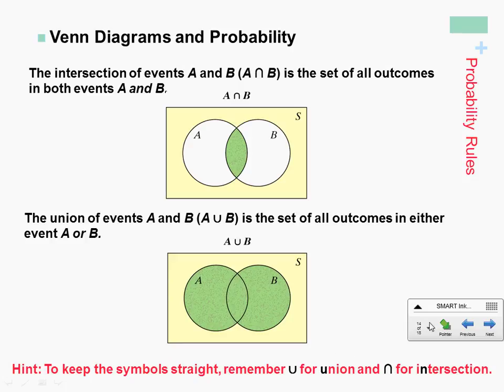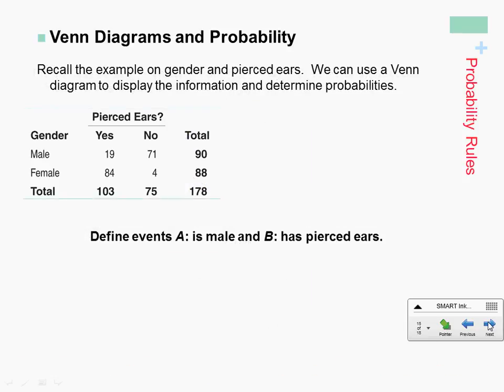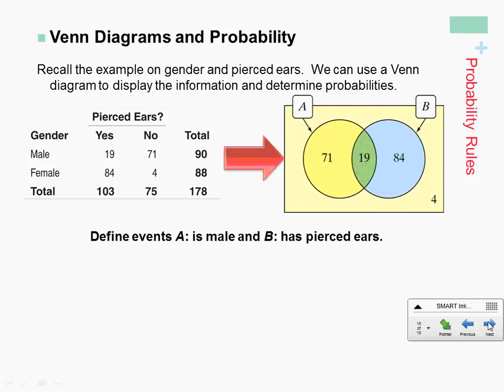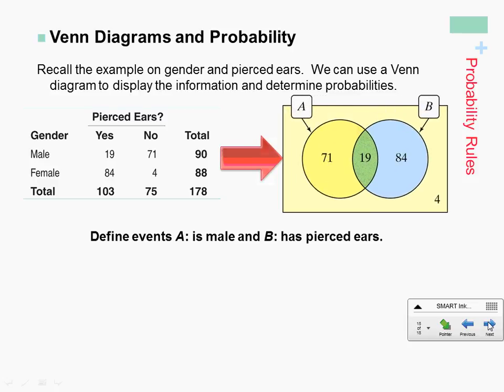Okay. Let's do one more here. You ready? Recall the example on gender and pierced ears. We can use a Venn diagram to display the information and determine probabilities. So we knew that 19 are in common, right? So that means 71 are going to be out here in this little area, and 84 are going to be out here in this area.